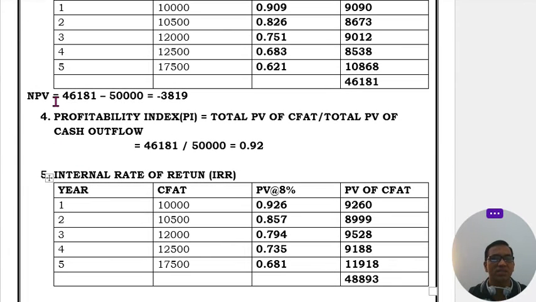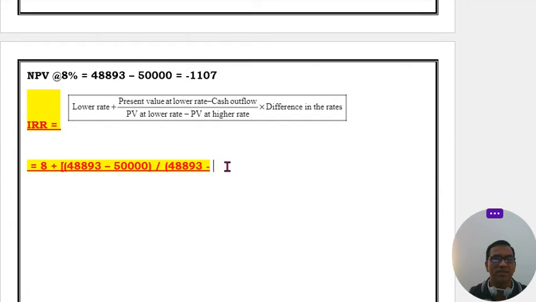The higher rate means 10%, and the present value of cash inflow at the higher rate is 46,181.